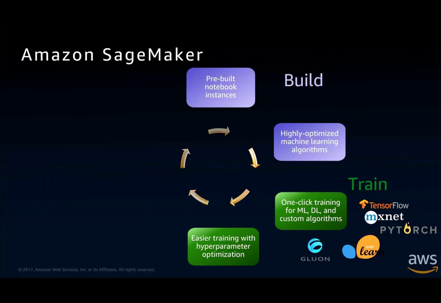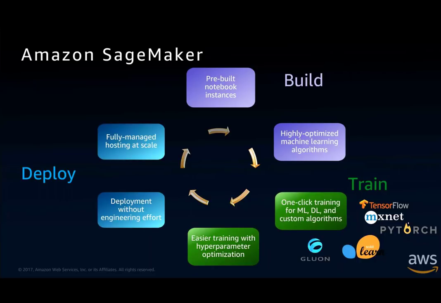Once you have your algorithm defined, a lot of people will then experiment with hyperparameters, and we have a really cool feature within Amazon SageMaker called hyperparameter optimization that treats the tuning of the hyperparameters as a machine learning problem itself. So you don't have to run manual experiments, and you can automate that phase as well. We'll look at that in upcoming slides.